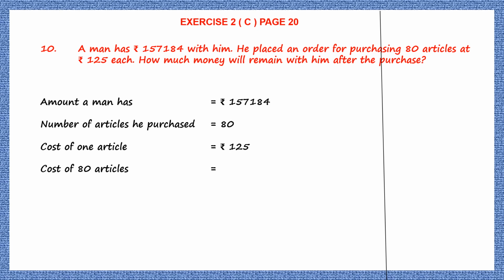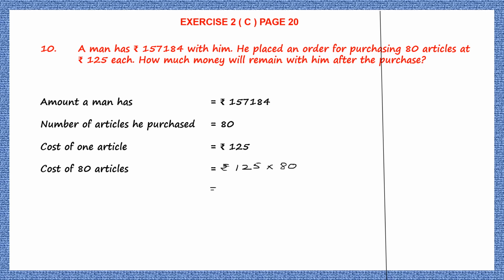Now, the cost of 80 articles is what we need to find. To find it, we multiply 125 into 80. If we multiply this, we will know the cost of 80 articles.